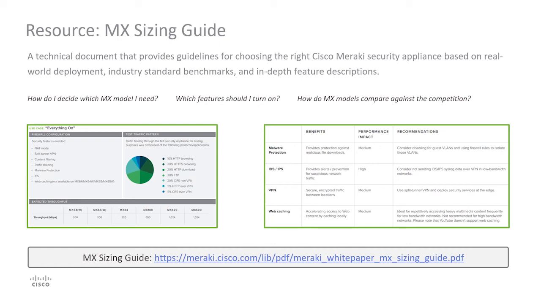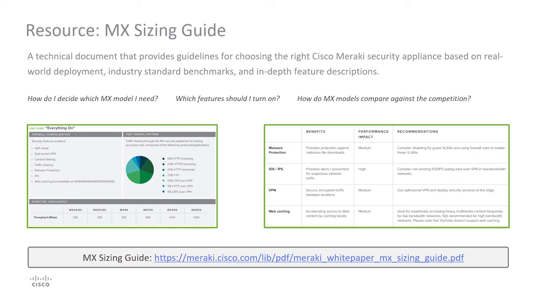In this lesson, we discussed the MX platform and the various models of the MX security appliance. We talked about the different licensing types and the benefit of running the same licensing type for the organization.